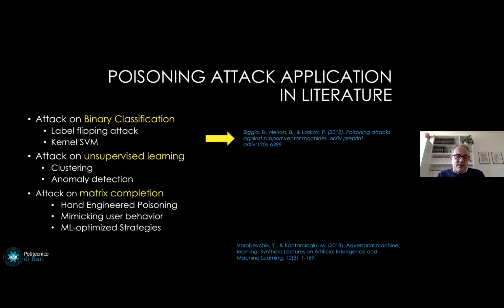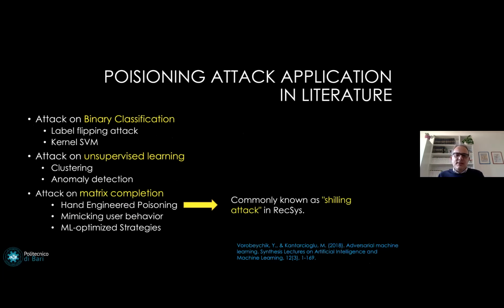So we are in the realm of binary classification, but also in the recommender systems literature, we already know that there are many approaches and algorithms for attacking recommender systems, but most of these approaches before the adversarial learning era were based on shilling attacks, so handcrafting these adversarial examples to attack the recommender system.